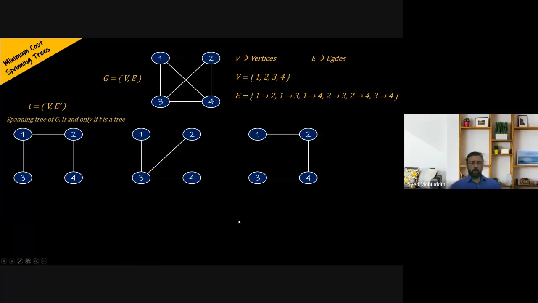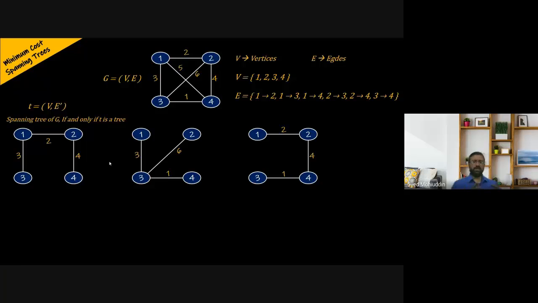Now, the edges of the graph are usually associated with some weights. Like the example we have talked about for airports: the flight paths are the edges, and they may have weights. The cost of the edges might be airfare or flying time or distance.